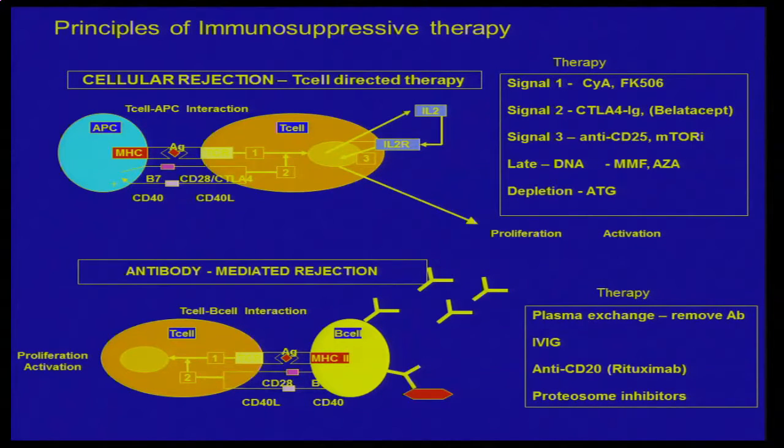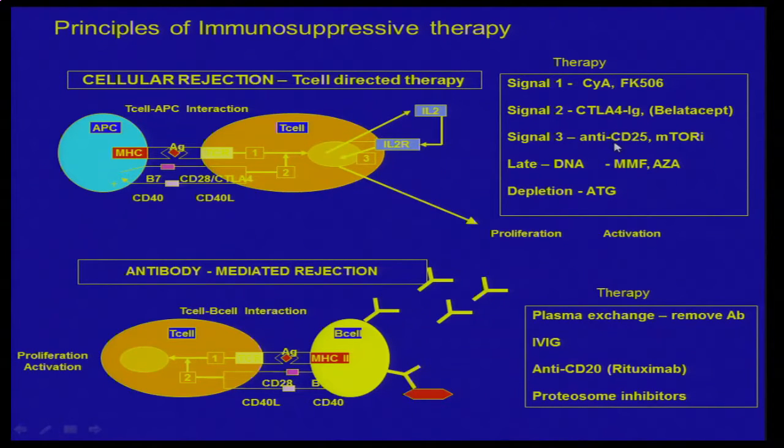And where do our therapies work? Well, if we look at this simplified diagram, we see that calcineurin inhibitors, cyclosporin and tacrolimus, act on signal 1, calcineurin being an important phosphatase in this signal 1. CTLA-4 belatacept acts through co-stimulation, and I'll show you how that's used clinically.